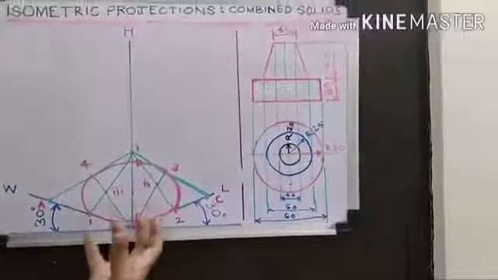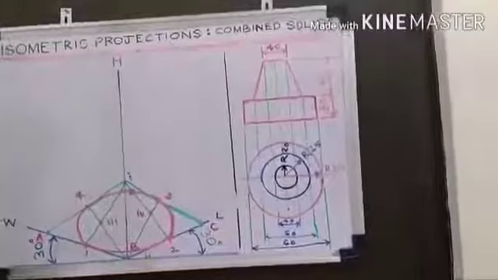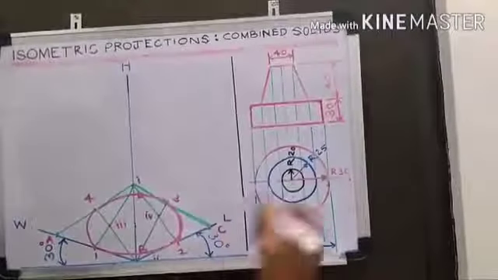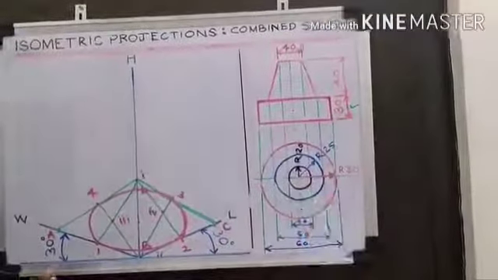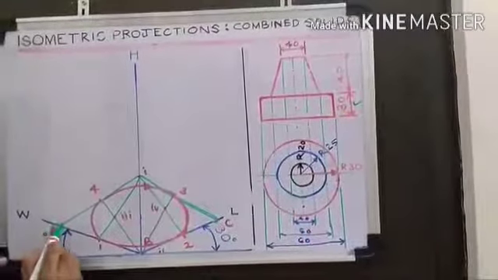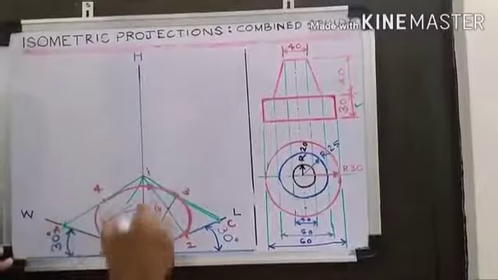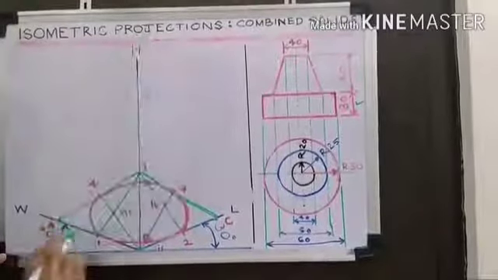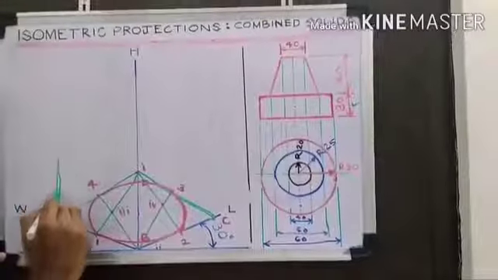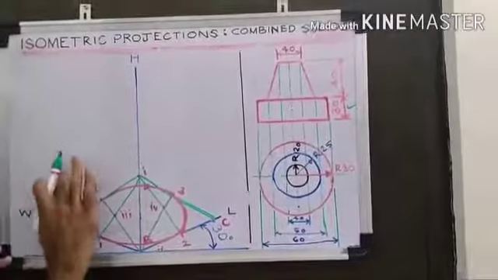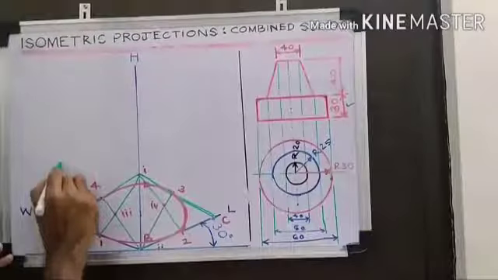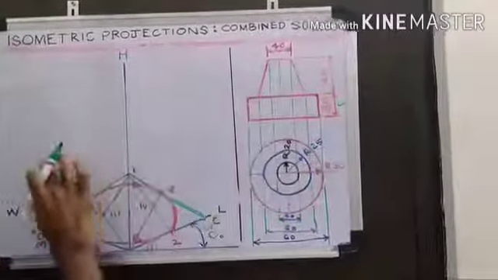After getting the base of the cylinder, now what is its height? See, 30 units. From A, draw a parallel line to BH. This is 30.